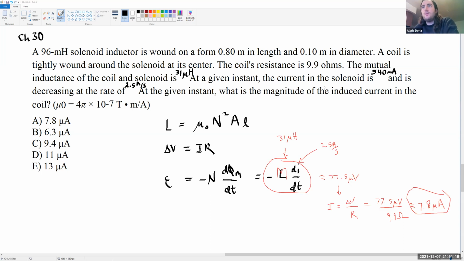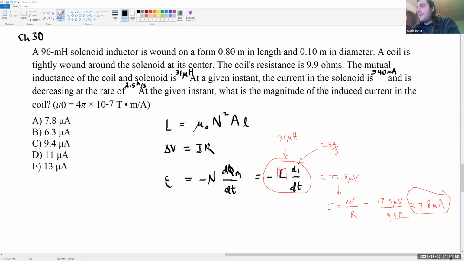Okay, so we discussed it and we actually annotated a little bit here in the video. What we needed to do was simply apply Faraday's law for the case of an inductor, or two inductors with a mutual inductance. So replace L with M. We're given the rate of change of the current with respect to time, so we can plug in the mutual inductance and the rate of change of the current. We get about 77.5 microvolts in magnitude.